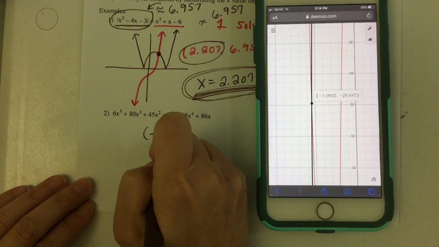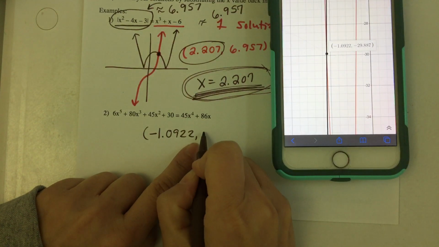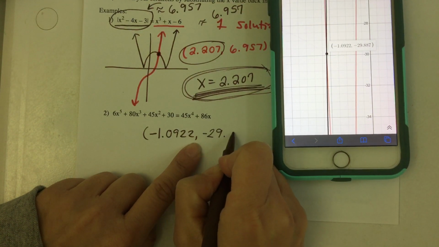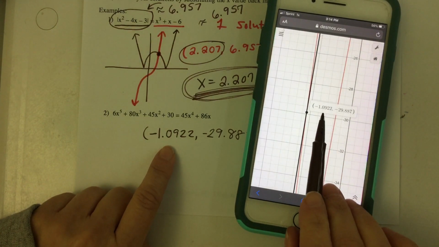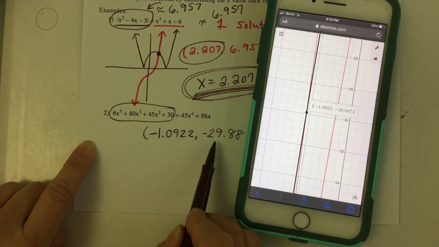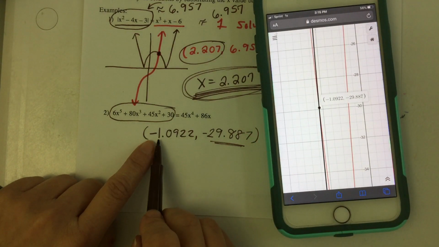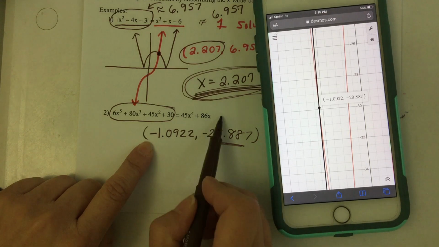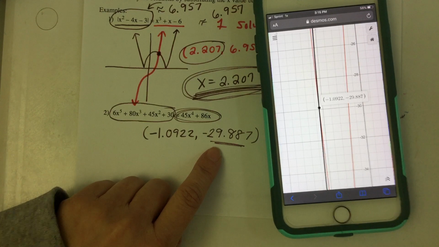It tells me x is negative 1.0922, and your y value at that solution is negative 29.887. What this means is if I put this x value into this side of the equation, I should get approximately negative 29.887, and if I put negative 1.0922 into this side of the equation, I should get approximately negative 29.887.